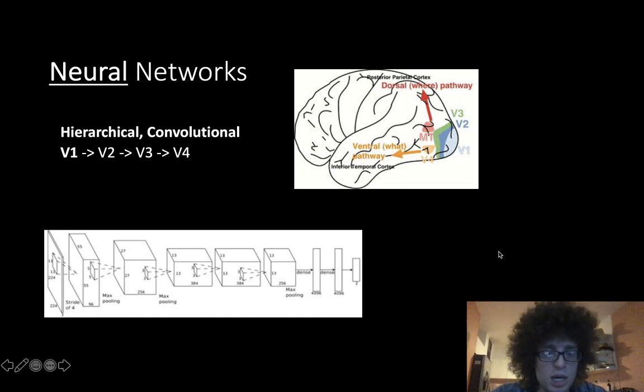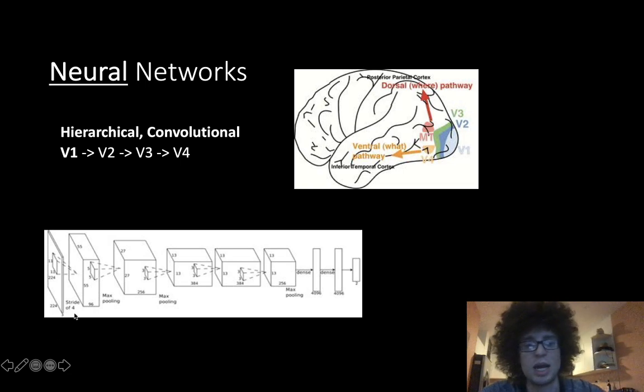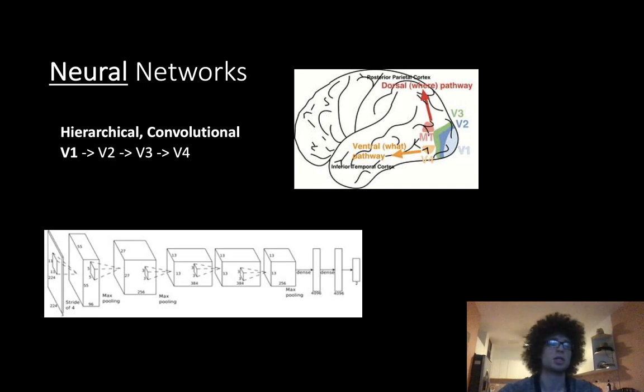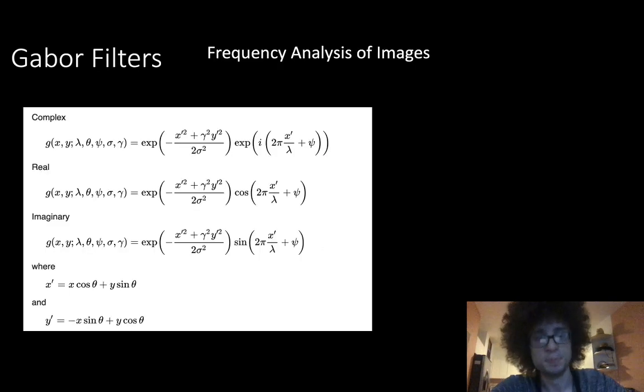This is pretty much the basis of how convolutional networks work. Maybe it's convergent that they were designed that way, or it just happens to be a really good system. Either way, it's the same hierarchical convolutional approach, where as we go through, our network looks at larger and larger pieces of the original image at once.